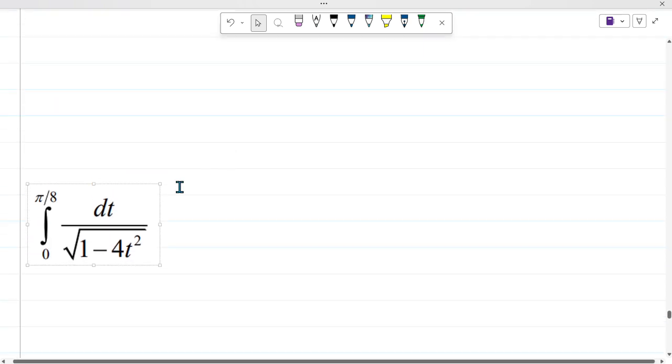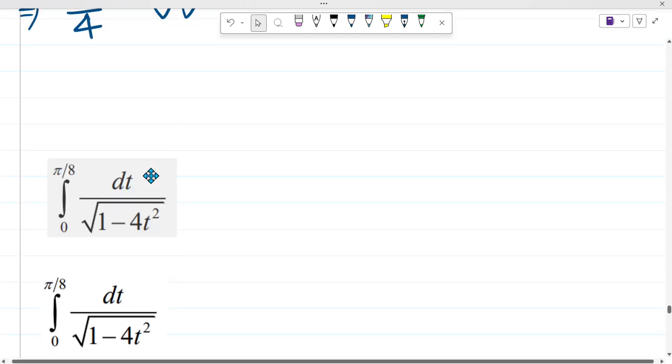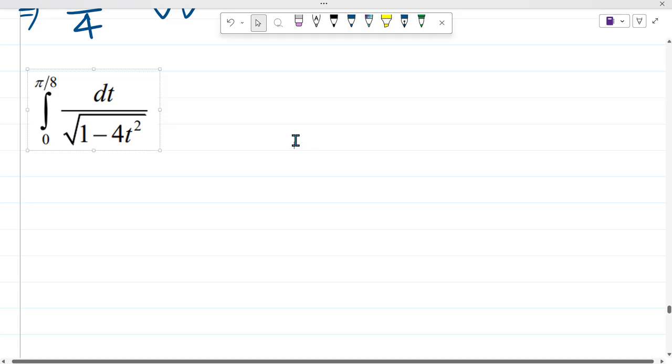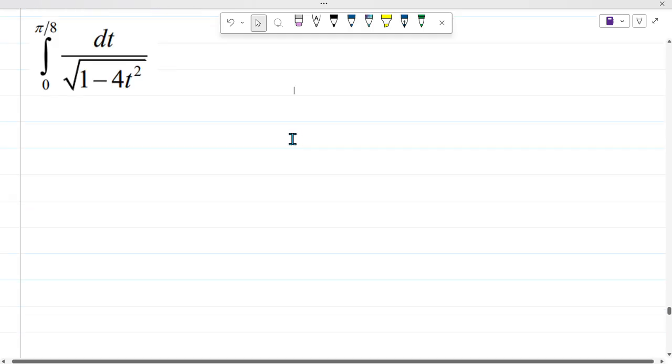Yeah, and now we have another one here. Because we can already say that this format of 1 minus that thing is the one for sine, we know that we're working with sine inverse.